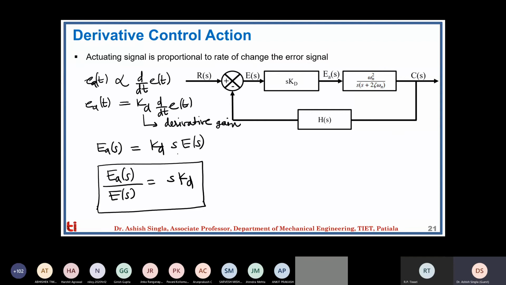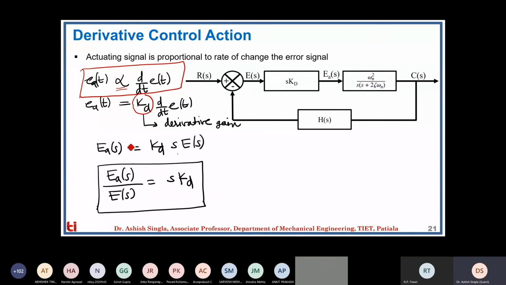In the derivative control action, the actuating error is proportional to the rate of change of error, d by dt of the error. So what does this mean? We have to convert this proportionality to an equality, so we introduce a new constant kd, which is the derivative gain.